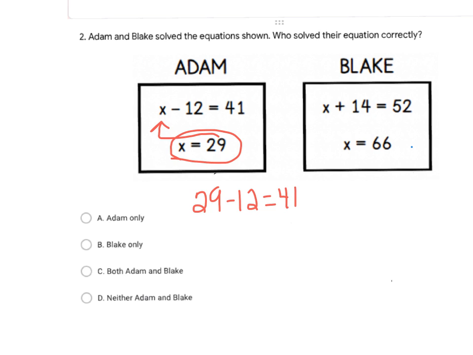So 29 minus 12, I always subtract vertically, I don't know why. 9 minus 2 is 7, that's 17. So 29 does not work in the problem.